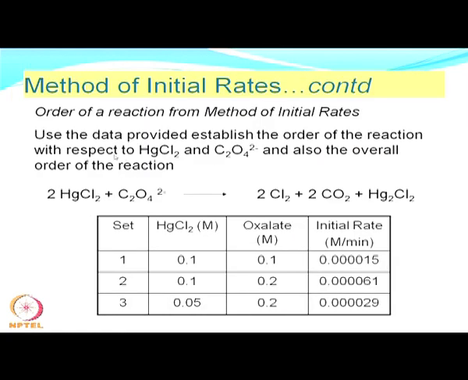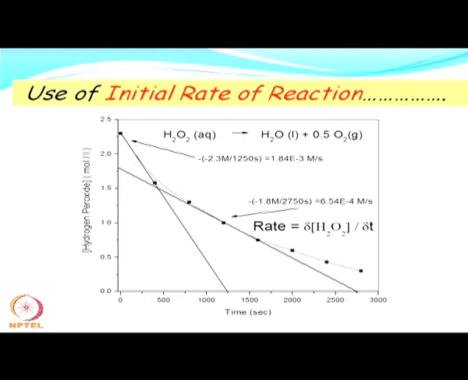Okay. So, how to employ this method in finding out the rate of reaction along with the order of a reaction. We are just interested in finding out the order of reaction employing the initial rate method. From this initial rate we just want to know what is the rate at that particular instant.